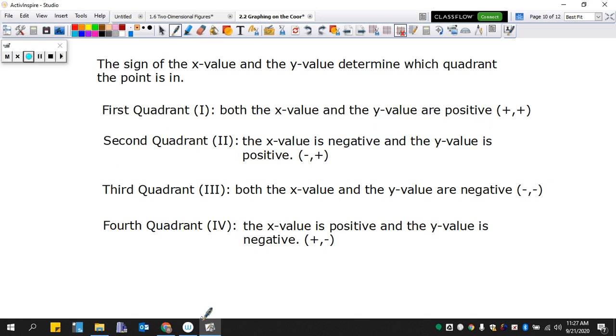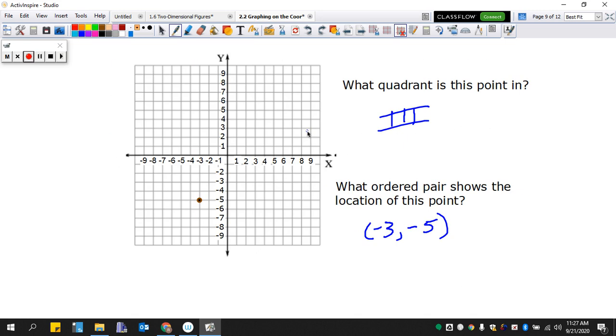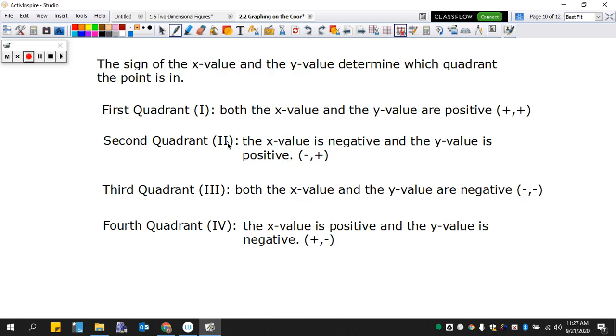All right. In the second quadrant, over here, your x value is negative, your y value is positive.